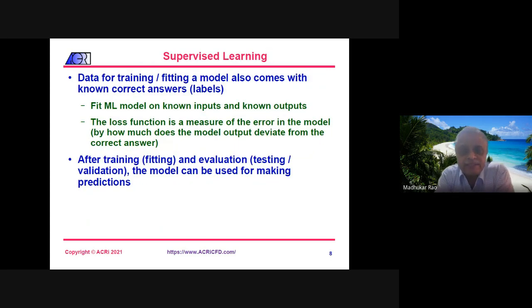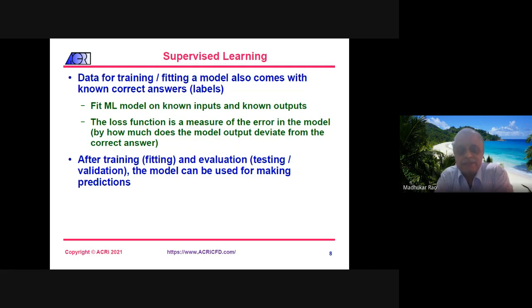Now, I would like to give you a few definitions before we really proceed to neural networks. One is supervised learning. Supervised learning is when the data for training or fitting a model also comes with known correct answers. So you have some data and you know the questions to be asked, and given the inputs, you also know the correct outputs.